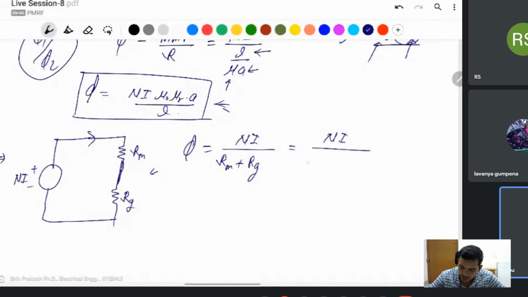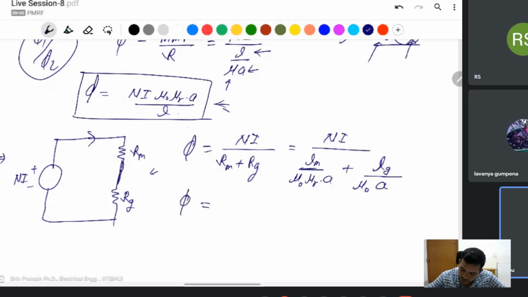Rm we know is L by mu naught mu r A, the cross-sectional area, plus for the air gap, take Lm for the mean length of the core, and Lg for the air gap length divided by mu naught only, because mu r is not present in air. The cross-sectional area is the same for both conditions.